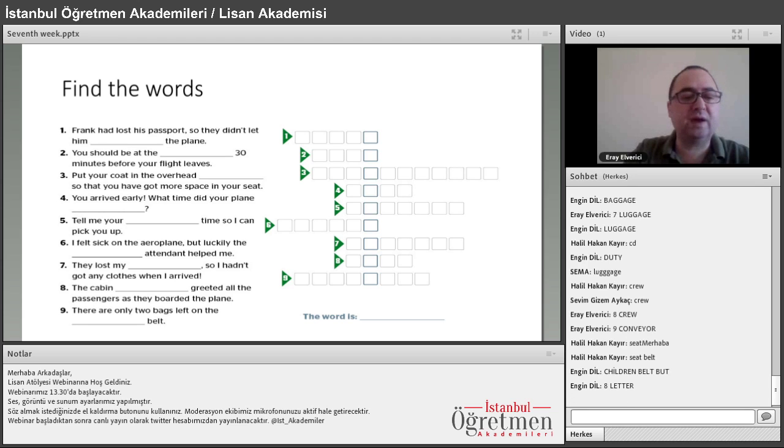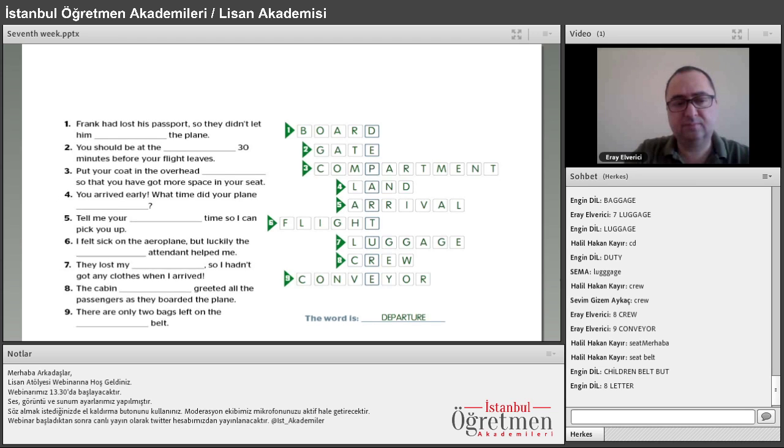No, it is conveyor belt. After just getting out of the plane, you get in the airport and you wait for your luggage to come out of the plane, and there you have to be waiting for the conveyor belt. Okay?